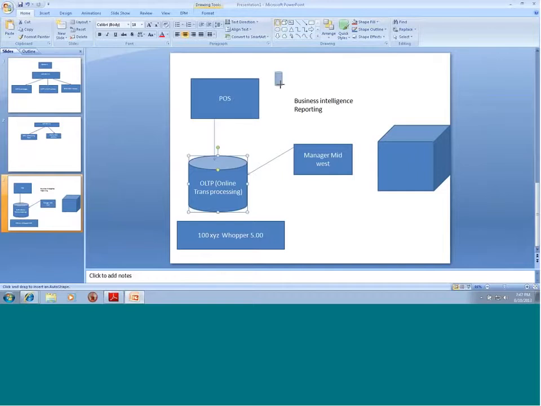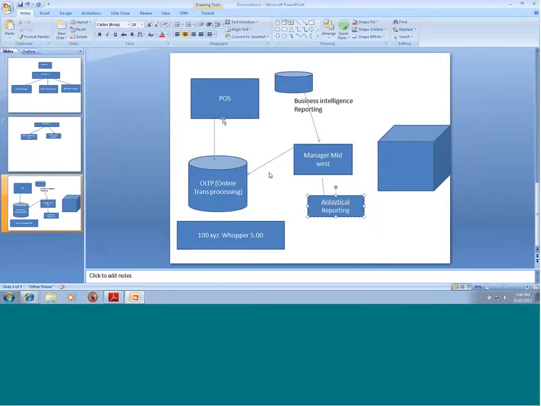Let's say there is also another OLTP system in another place in the Midwest. Since this information is stored in different systems, it is very difficult for a manager to tap into each of these systems, get the information, and use it to provide analytical reporting.